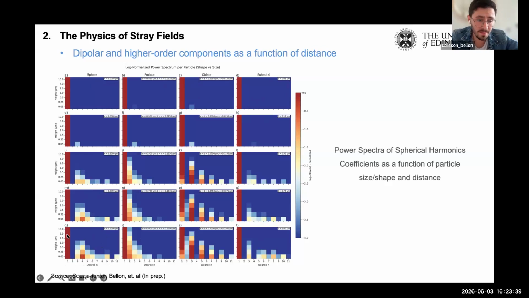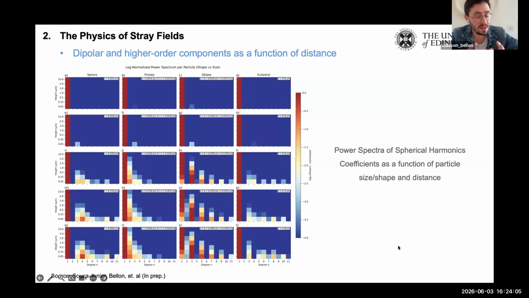And you can see, of course, that most of the energy in all of these cases is always associated with the first degrees of the spherical harmonics, associated with the dipolar component. And in all cases, past 1 or 2 microns, except for the large oblate particles, which need more than 5 microns, the dipolar component dominates the energy spectrum.